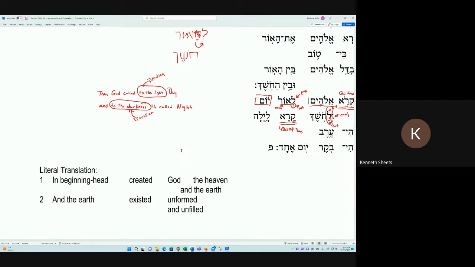And that tells me something about the relationship between the creator and the created. And we don't see that in English. That's one of the weaknesses of our theology in the present day. So good thought.